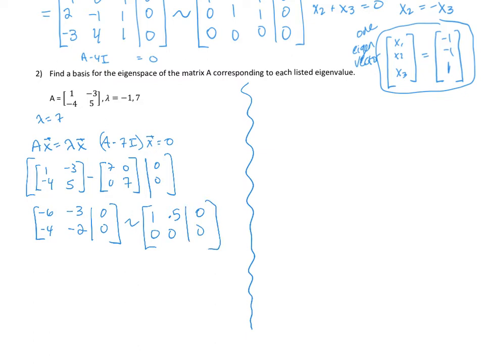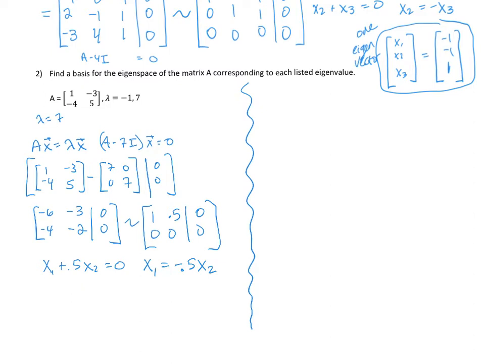So translate this, and it says x1 plus 0.5 x2 equals 0. And any x1 and x2 that makes this true, all the x1s and x2s that make this true make up the eigenspace. So I'm going to solve for my pivot variable, my basic variable.